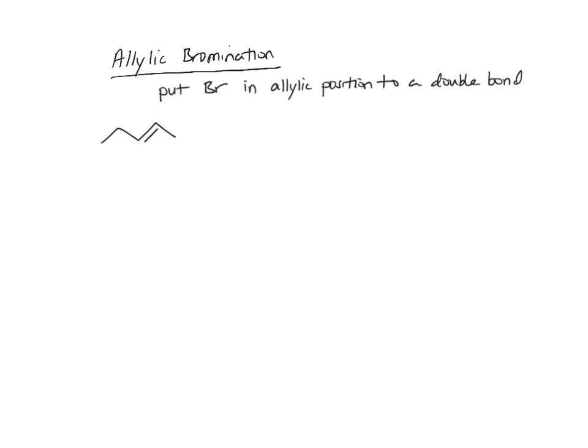So if we were to highlight those allylic positions, I've got one there, and I've got one there. And if I do an allylic bromination, I'll have my double bond, a bromine in that allylic position, and a bromine in the other allylic position.